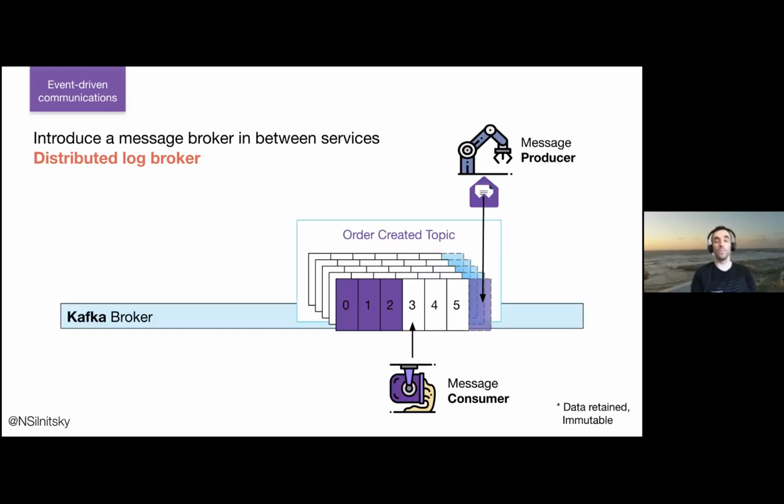You can see here that the message producer produces the message at the end of the partition, and data can remain here indefinitely. It's not like with traditional message queues, where once the consumer consumes the message, it is removed from the topic. The messages stay basically forever. You can set it up, although the default is to keep it for 1 week.